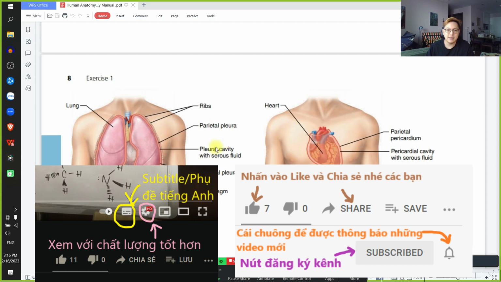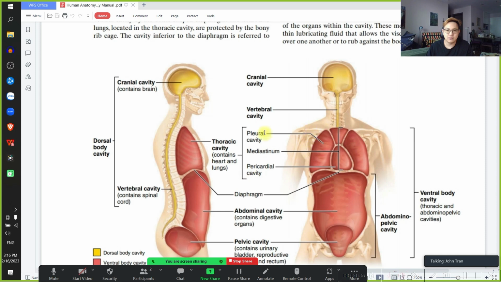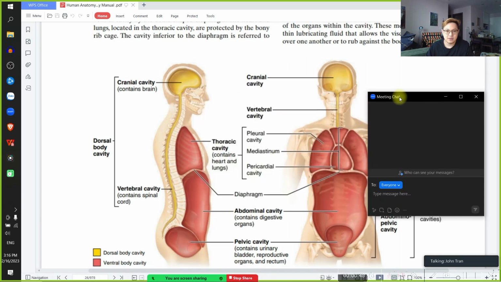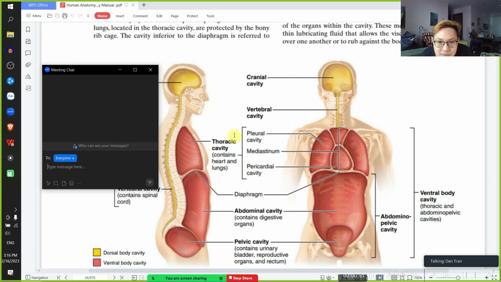They talk about pleura. So when we look at the thoracic cavity, we have hearts and lungs in there. Khi mà nói về cái khoang ngực đi, thoracic cavity, thì chúng ta sẽ có cái trái tim và những cái lá phổi. So, but what exactly do we have inside of that cavity?